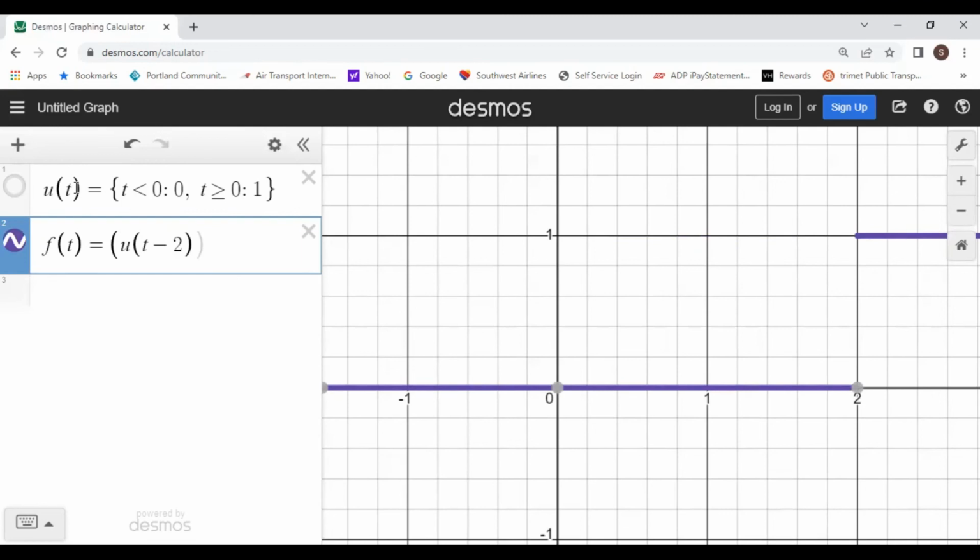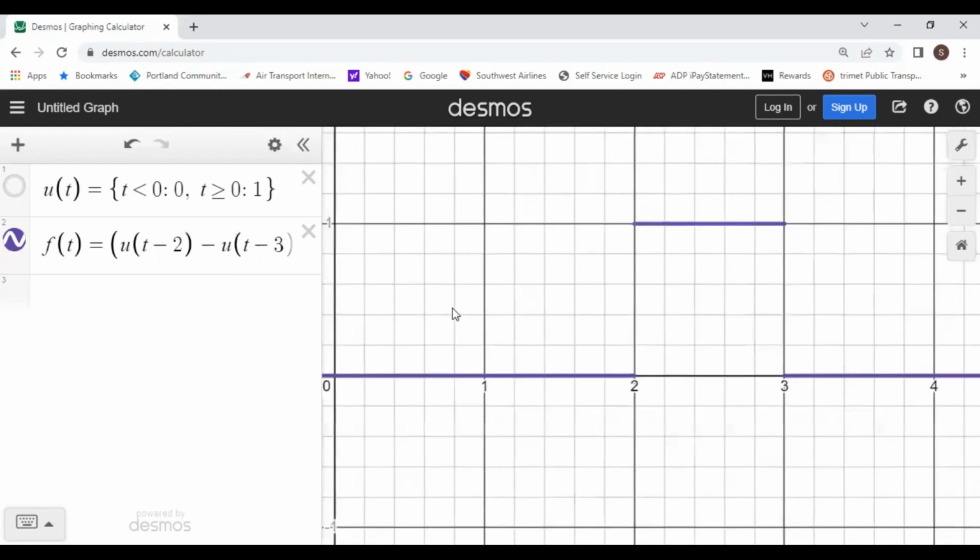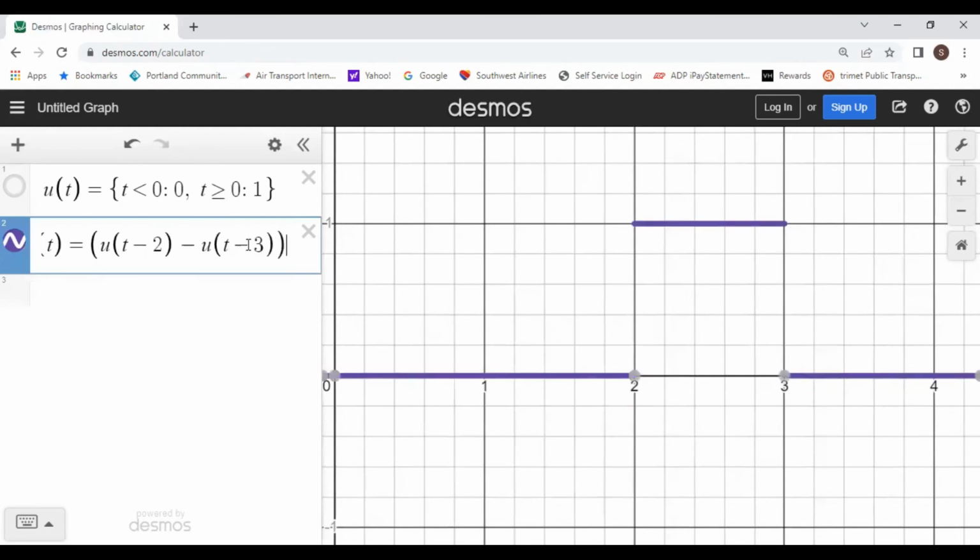Okay, so there's that. So notice what that did was that gave a shift over of 2 units of the unit step function that we know and love, and then times u of t minus 3. So that if we look over here, what that does is it basically defines this factor to equal 1 on the window between 2 and 3 and 0 outside of that.